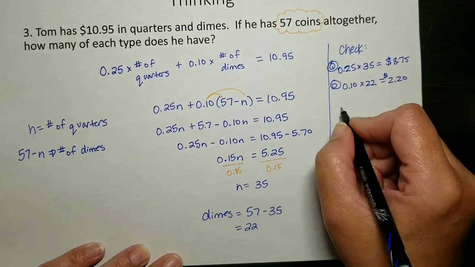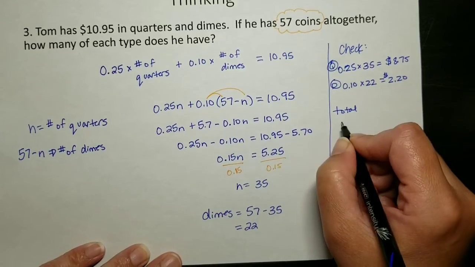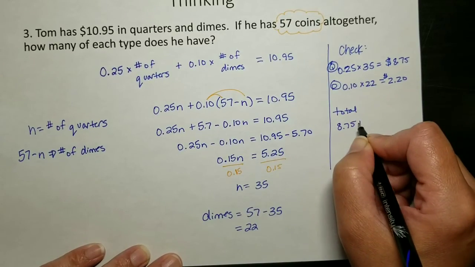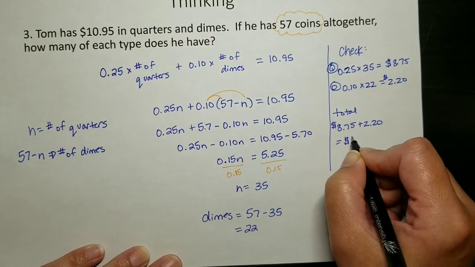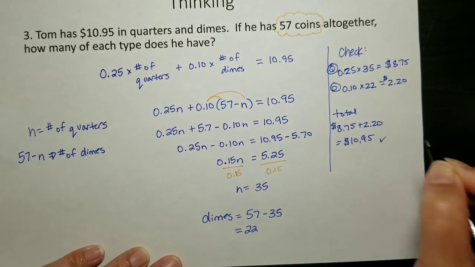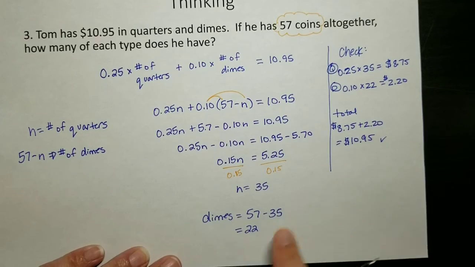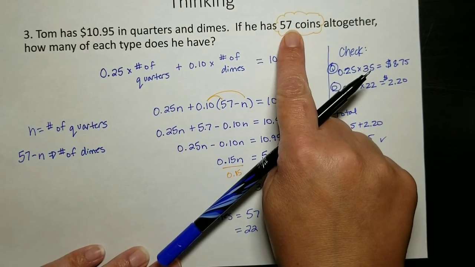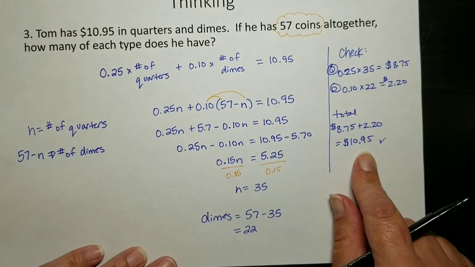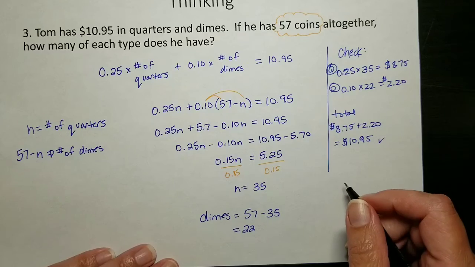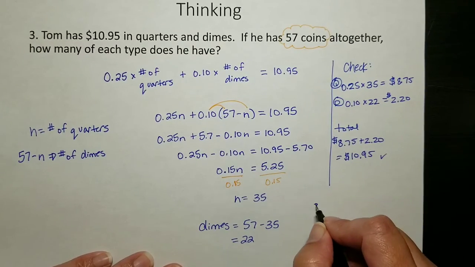If you add these up, 8.75 plus 2.20 is 10.95. So my answer works out. These two numbers, 35 and 22, are 57 coins altogether, and they would give you 10.95 in the amount of money. So I would finish with a therefore statement.